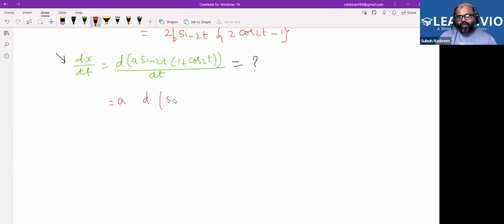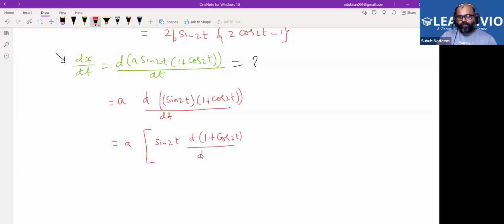And there is one function sine 2t and another function 1 plus cos 2t. They are multiplied, and you have to differentiate. So you will first take one function outside and differentiate 1 plus cos 2t, right? And then you will take 1 plus cos 2t outside and differentiate sine 2t.